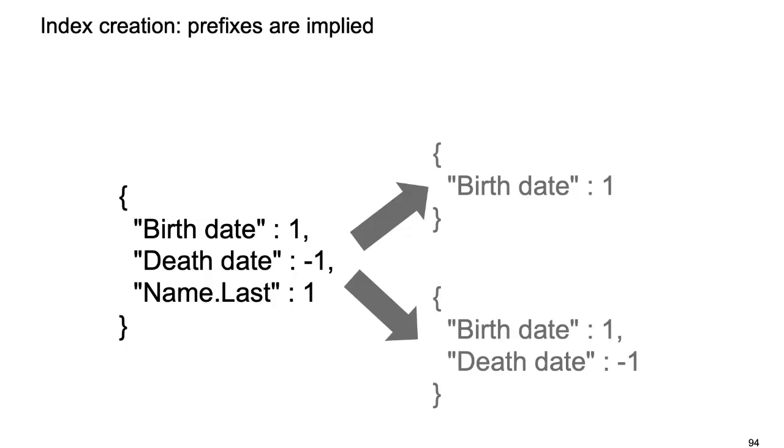Birth is the first field of the first index, and birth and death are the first two. So you can save yourself space, time, and money by not building the other two indices. You only build this one, and it will also take care of the queries that only ask for birth or birth and death. For whom does that make sense?